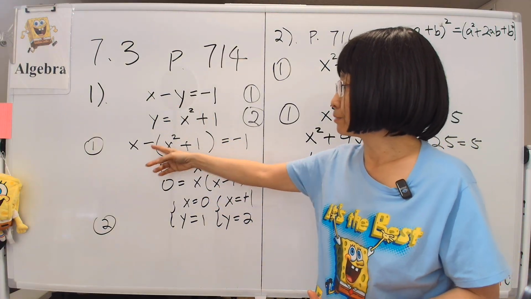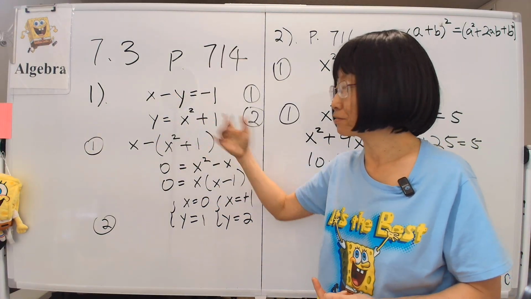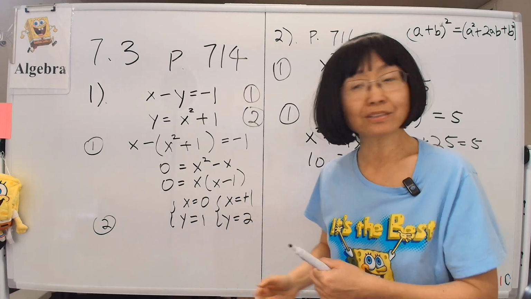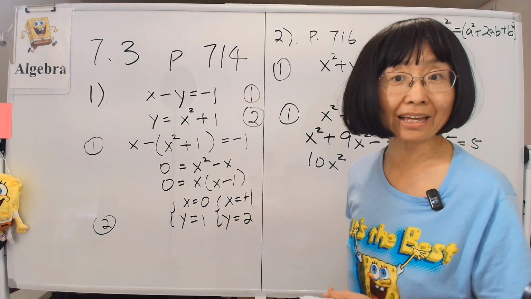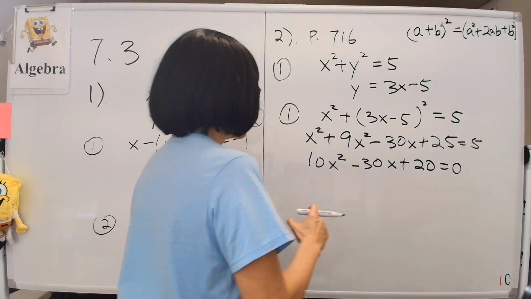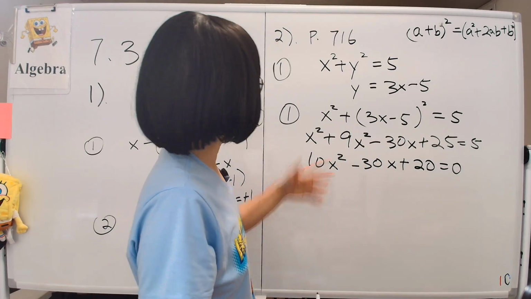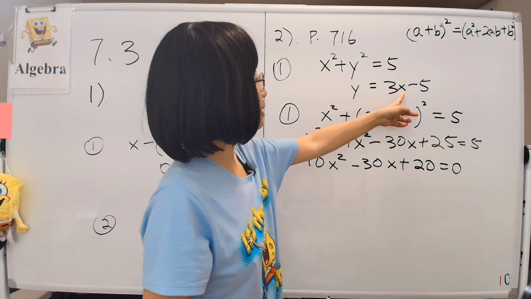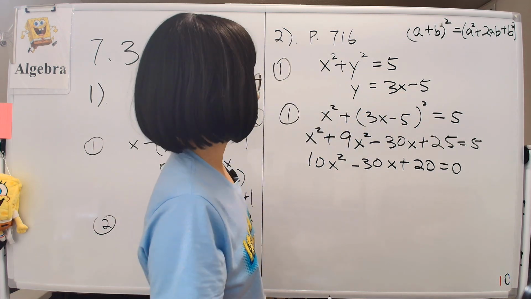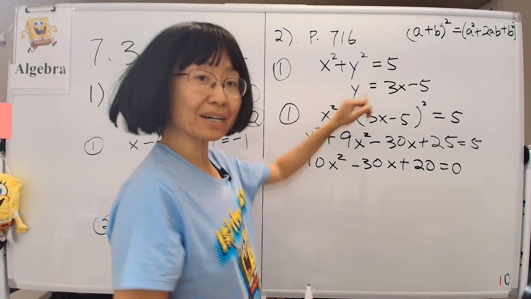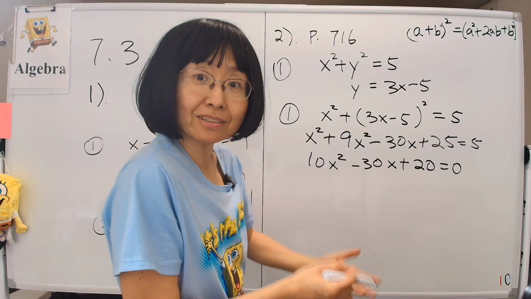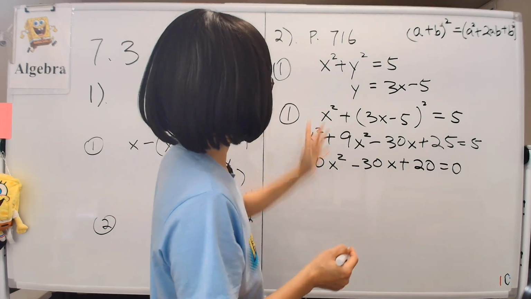We can plug y into x, or x into y, whichever way feels good to you, as long as you get the answer. In this case you can isolate x and then plug it in here if you want. Either way, but the y is already isolated, so why work harder than you have to? That's what we are doing right now.